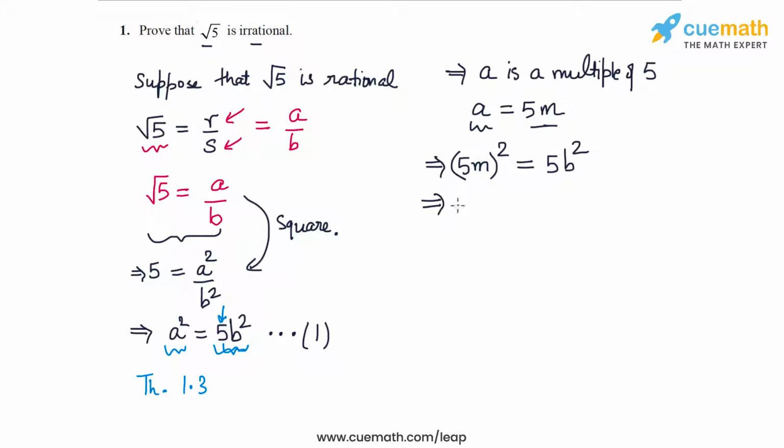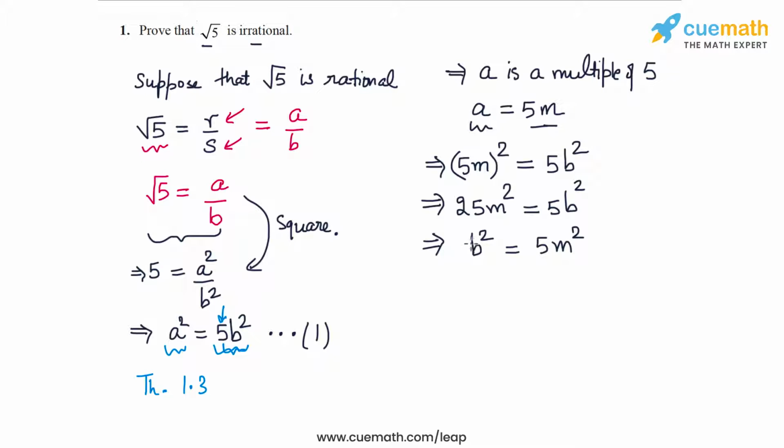Let me square this, so I get 25m square equal to 5b square, and let's cancel out a factor of 5 on both sides, and then I can write this as b square equal to 5m square.